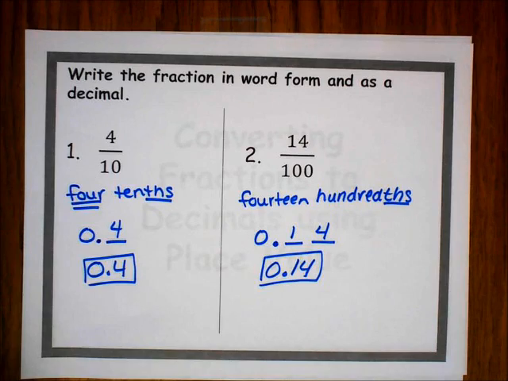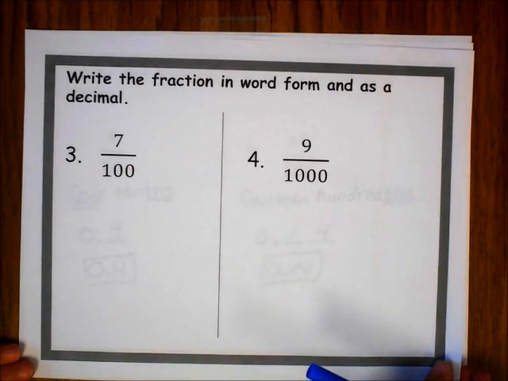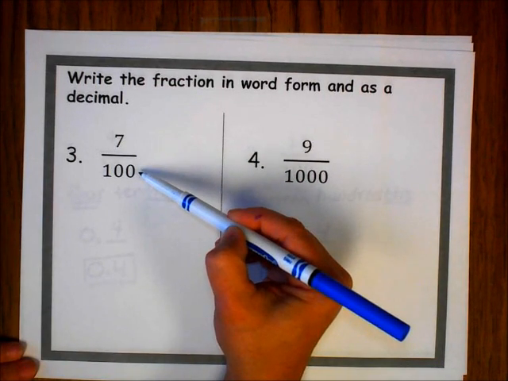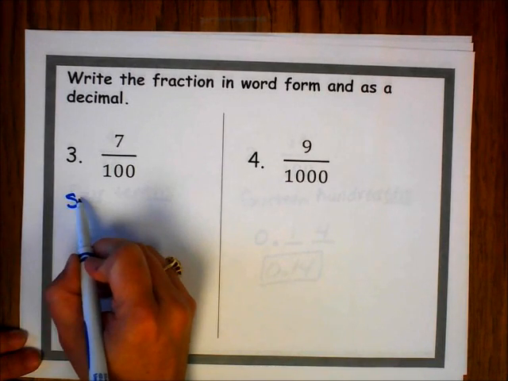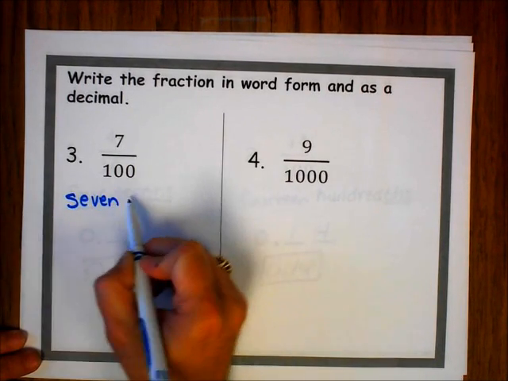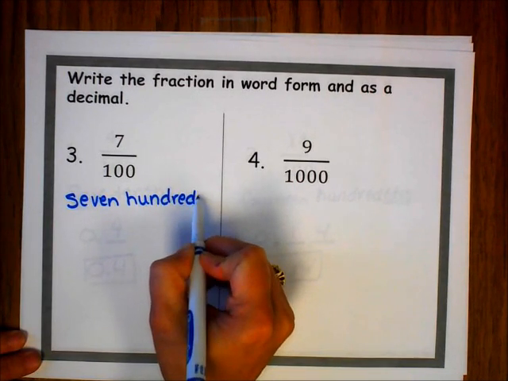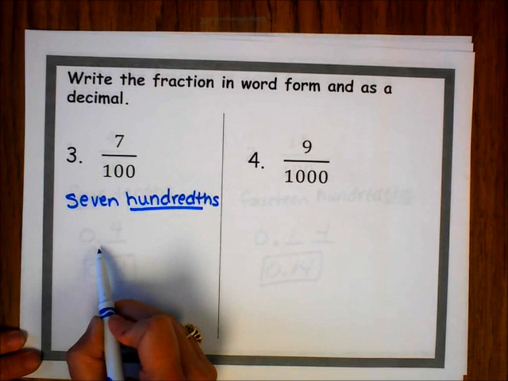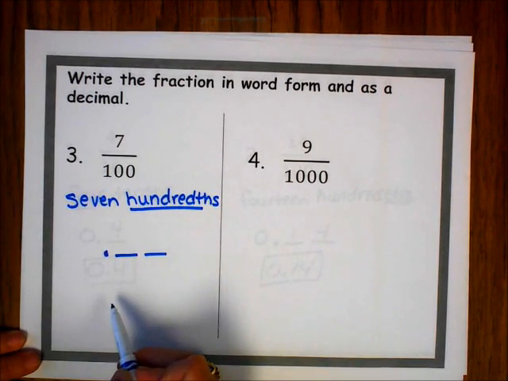Let's try a couple more like this together. Number 3. The correct way to say 7/100 is 7 hundredths. So let's write it in word form. 7 hundredths. And remember, hundredths is 2 places behind the decimal, tenths, hundredths.